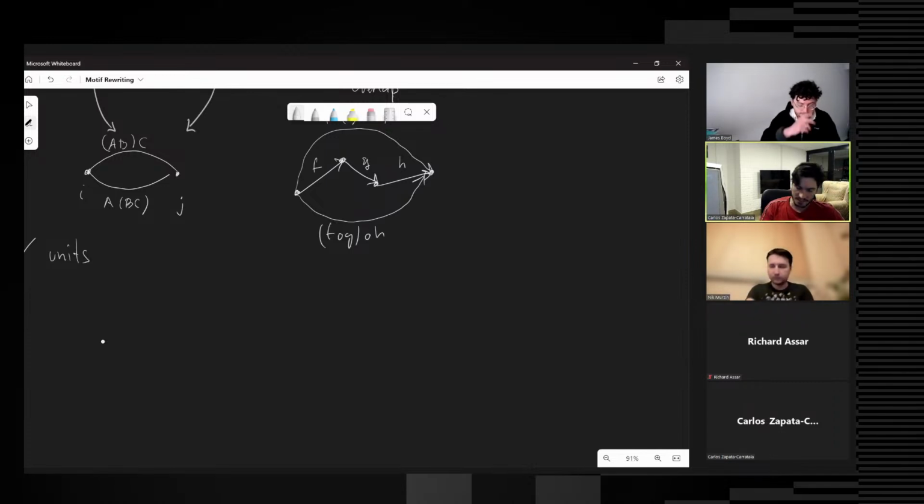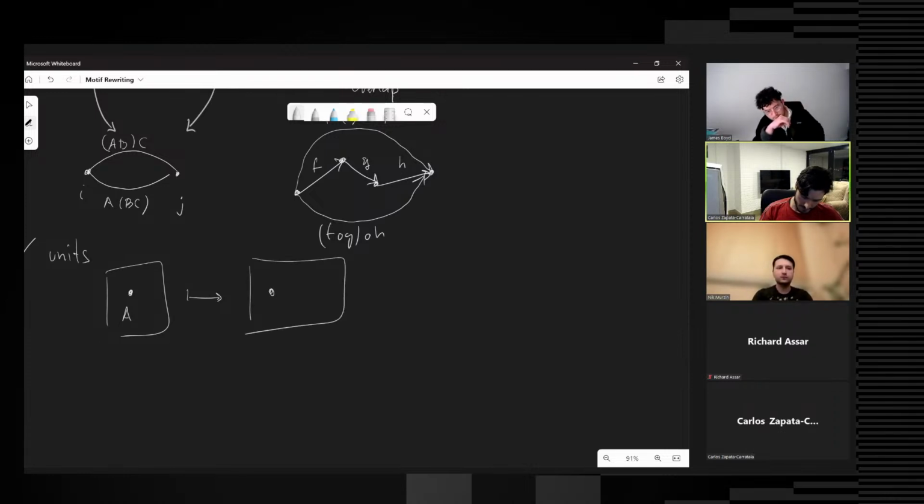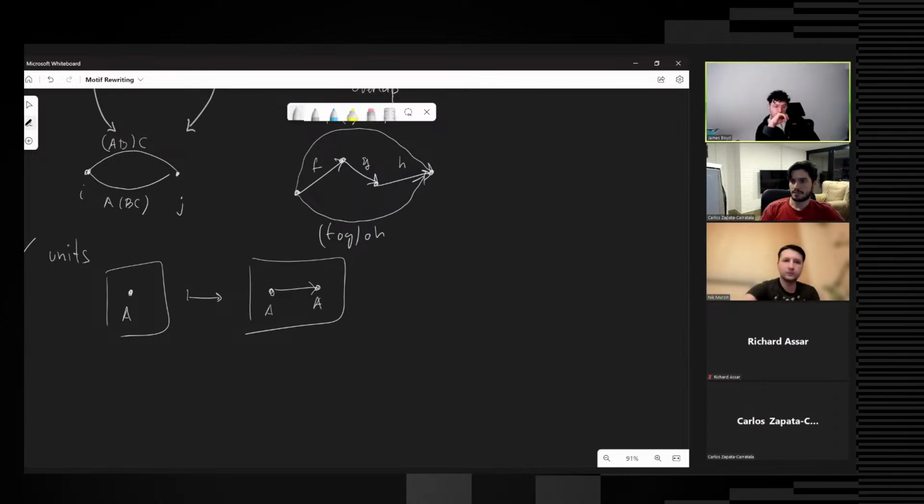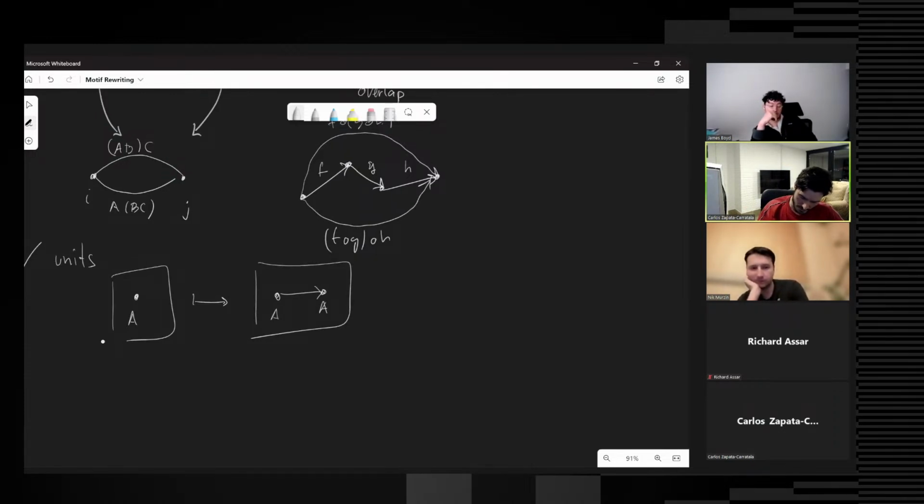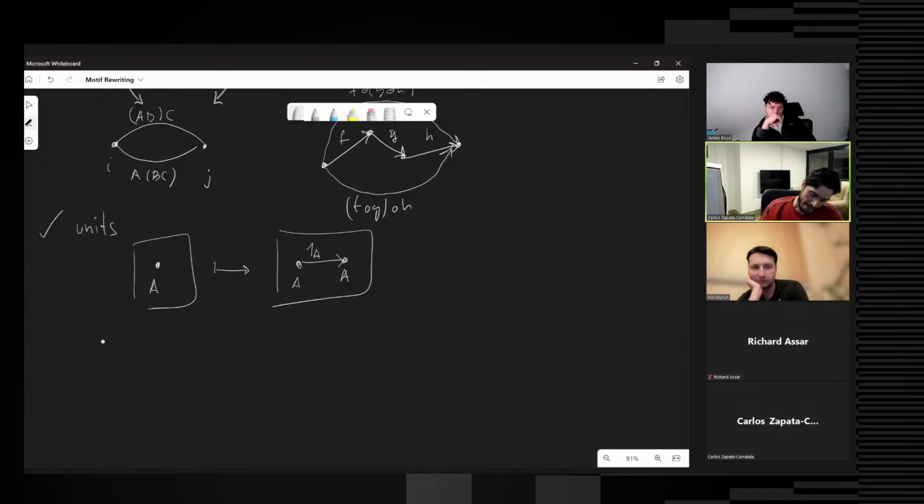Having units means that you have an object A, and, take it as a diagram, you can always write the following diagram, right? So A to A. Again, not typically presented as a rewrite rule, but very clearly phrased as a rewrite rule, right? And of course, this is going to be labeled by something that remembers the object A. So you call it 1_A or whatever, right?